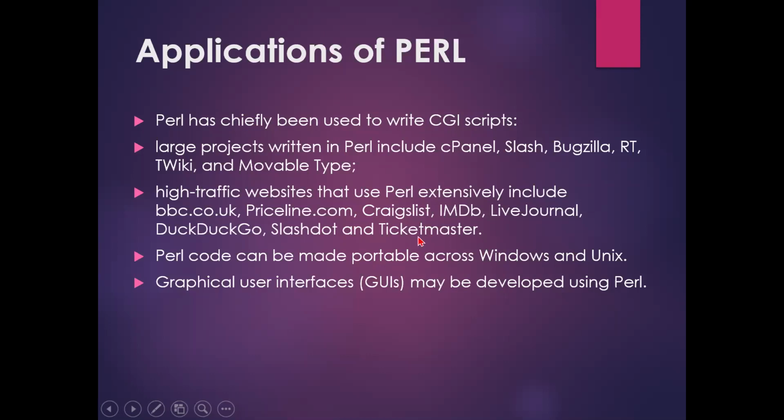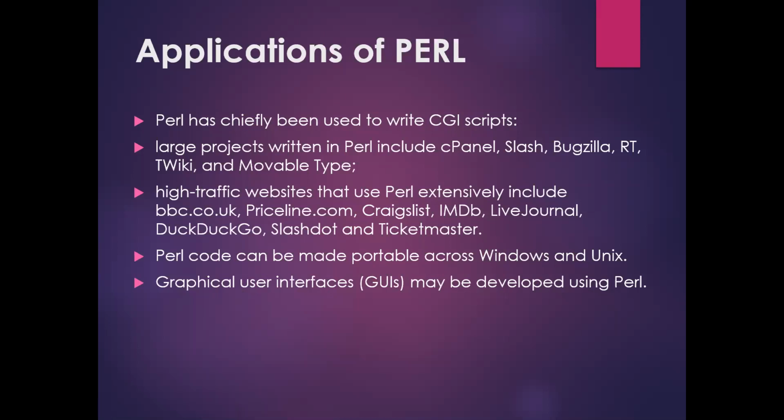We also discussed this point while discussing the C programming language. The Perl programs are portable across operating systems like Windows and Unix, and graphical user interfaces may also be developed using Perl. So these are the important applications of Perl.